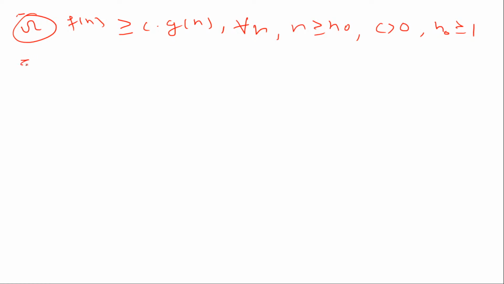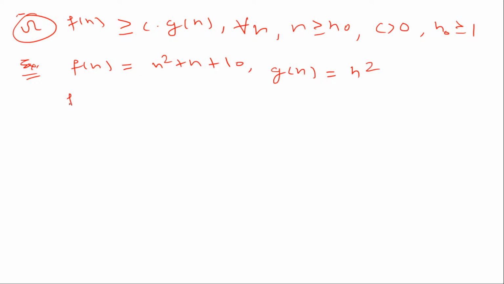Now take the example f(n) = n squared + n + 10, g(n) = n squared.